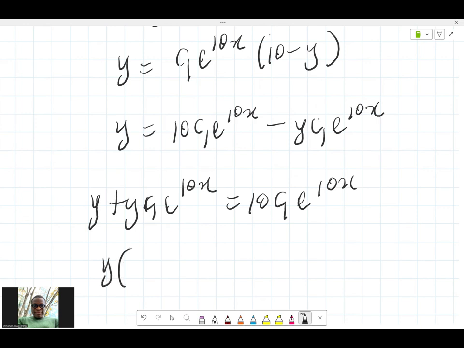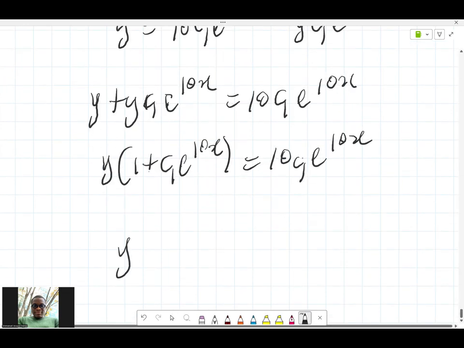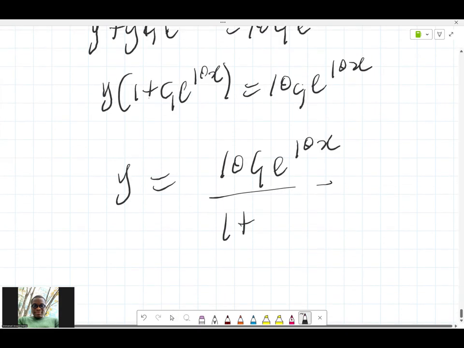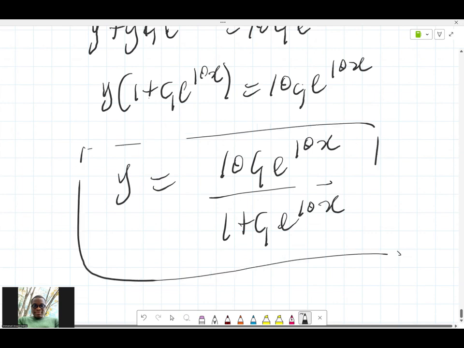So you have y here into 1 plus c1 e raised to power 10x equals 10 c1 e raised to power 10x, okay? So that y alone is going to be 10 c1 e raised to power 10x all over 1 plus c1 e raised to power 10x. So this is the expression you're looking for.